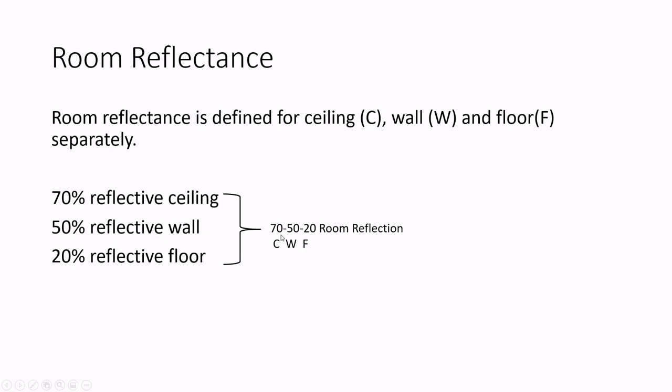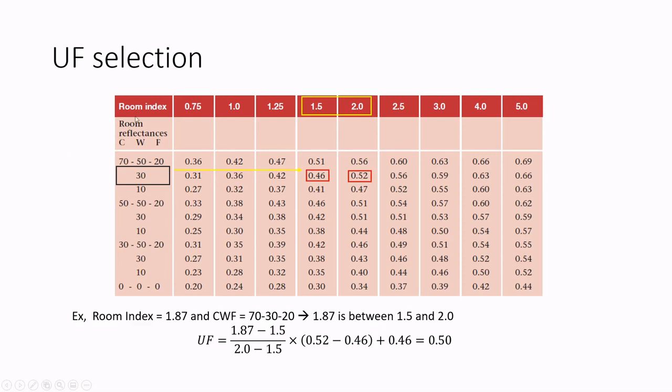That will be your room reflectance. After finding the room index and the room reflectances, you can easily select the utilization factor from this table. If you take a simple example, if your room reflectance values are 70, 50, 20 and your room index is 1.25, your utilization factor will be 0.75.